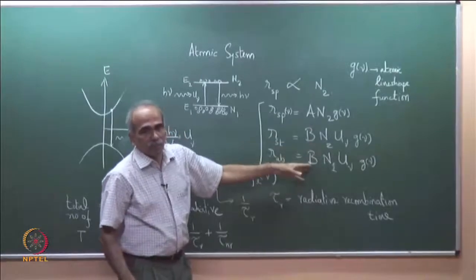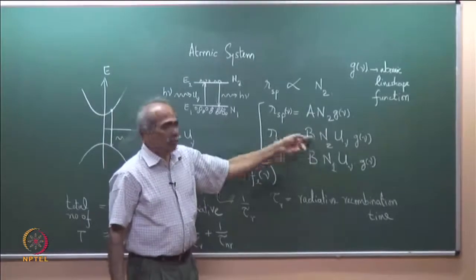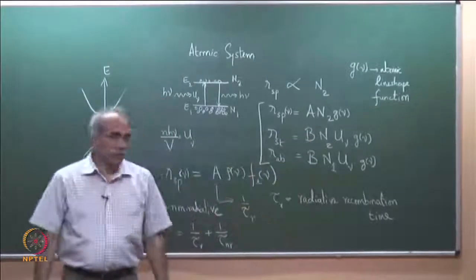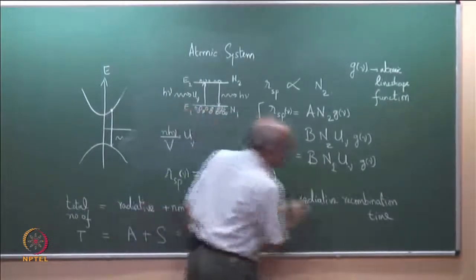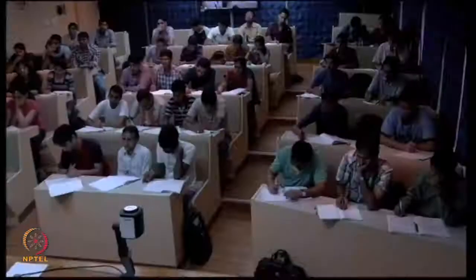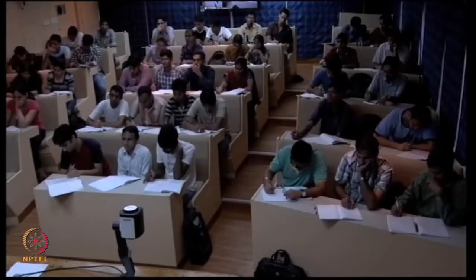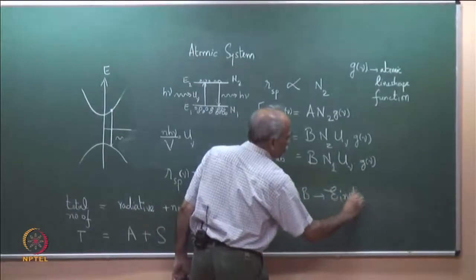Otherwise, you have to write B21 and B12. And these coefficients A and B are known as the Einstein coefficients.